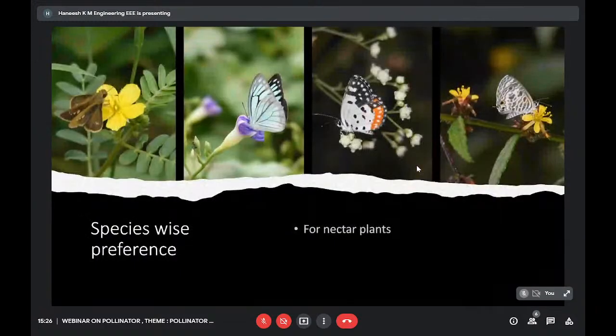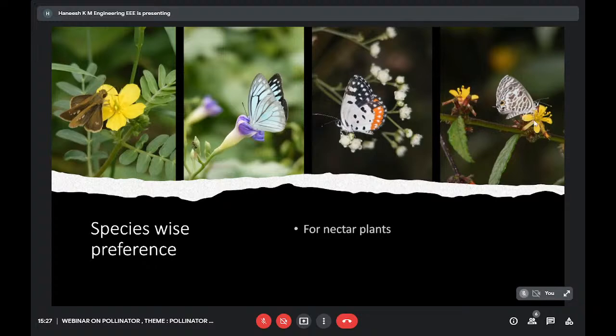We can see some more examples here. Here you can see different kinds of flowers and different kinds of insects and butterflies coming for nectar. This one has a longer tube, and a certain butterfly with a longer proboscis is trying to feed on nectar from it.